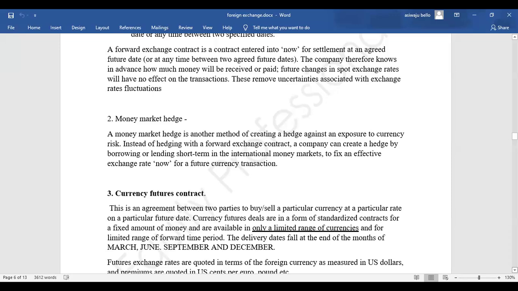All contracts are standardized for a fixed amount of money. But the uniqueness of the currency futures market is that only 7 currencies in the world can operate in the currency futures market.